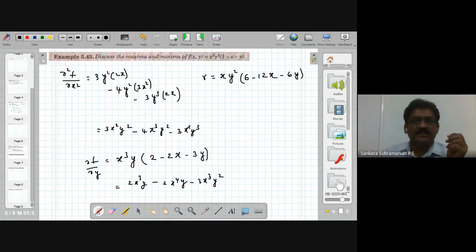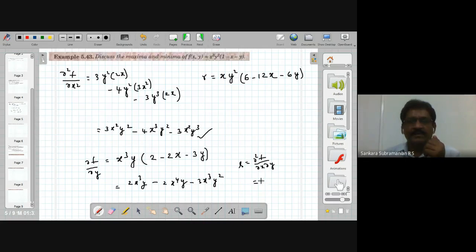What about s? So s is equal to dou square f by dou x dou y. Go to dou f by dou x and differentiate partially with respect to y.